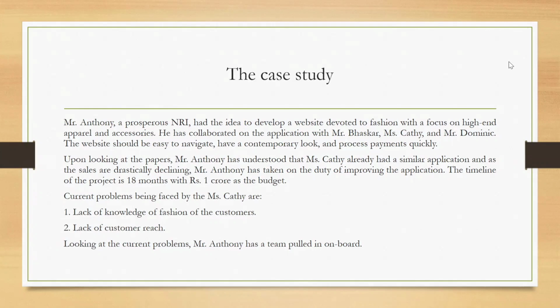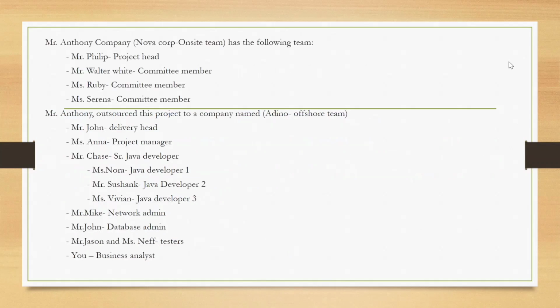Looking at these problems, Mr. Anthony pulled a team onto the board. The team is from Mr. Anthony's company, Nova Corporation. Philip will be the project head, and Walter White, Ruby, and Serena will be committee members.